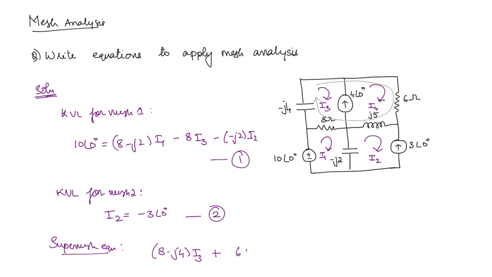So (6 plus j5) I4. Now through 8 ohms I1 is also flowing in the opposite direction. So minus 8 I1. Through j5, I2 is flowing. So minus j5 I2. So this is equal to 0. This is the third equation.